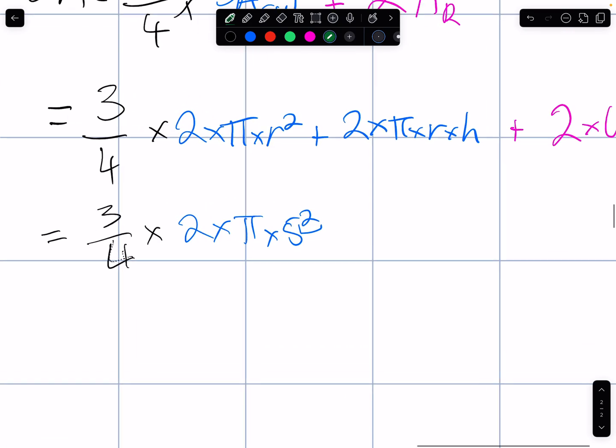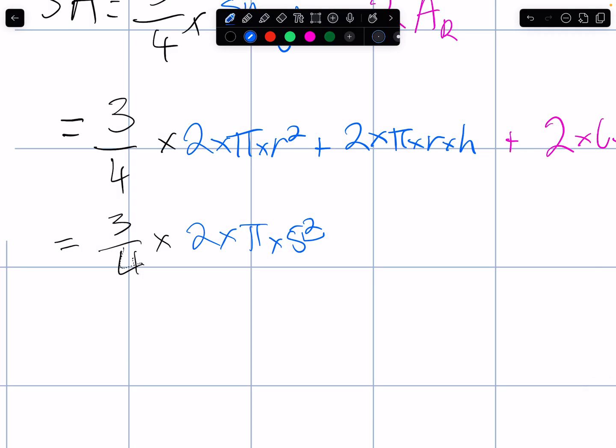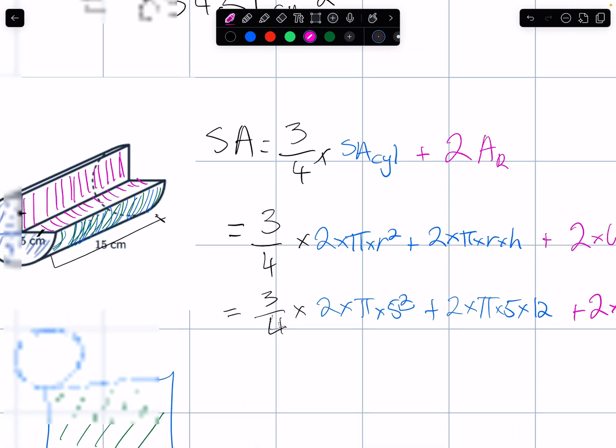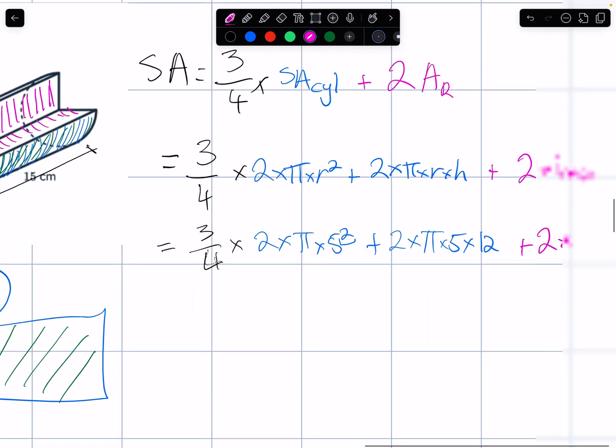Anyway, so 2 times pi times 5 squared plus 2 times pi times 5 times the height, which is 12, plus the area of the rectangle, which is 2 times our length times our width, which is 5 and 15.